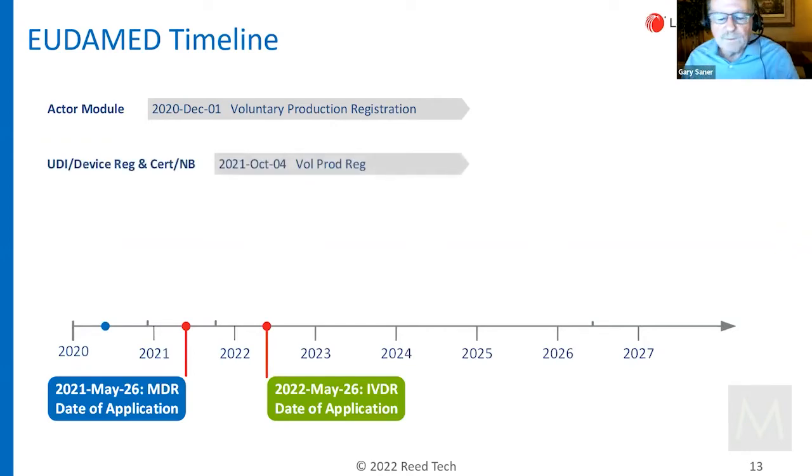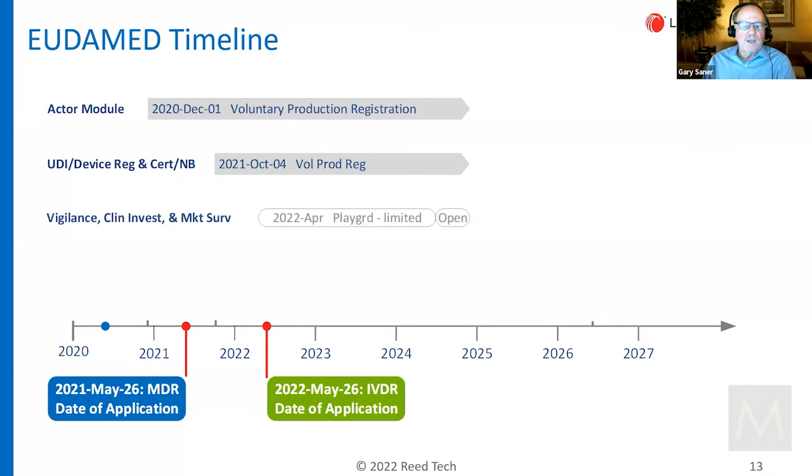And then the one closest to the discussion today is this device module, and that, along with the certificate module, was open in October of 2021 for voluntary production submissions. As of a couple weeks ago when I looked, it has 96,000 records already in that production database, so it's up and running. And then the other 3 modules, they're still in development, and they're way behind.